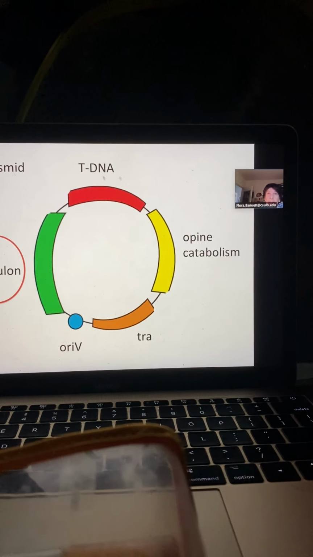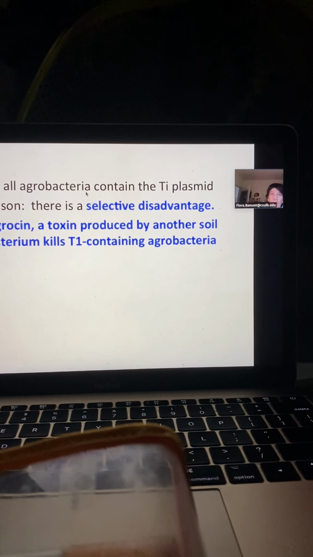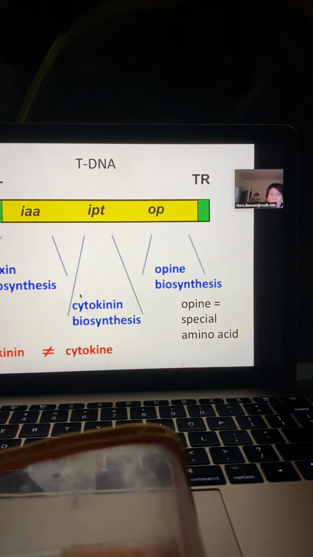Okay, so now we saw what we have present in the tDNA, which is the region that the bacterium is going to transfer to the plant. And I'll come back to the tDNA, because none of these genes are expressed in the bacterium.